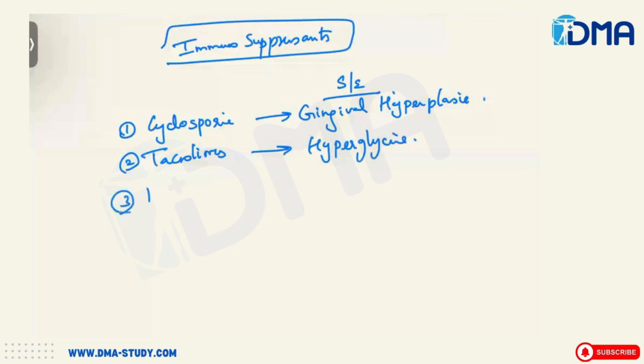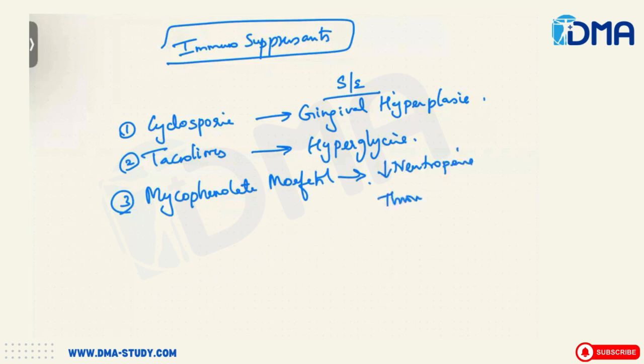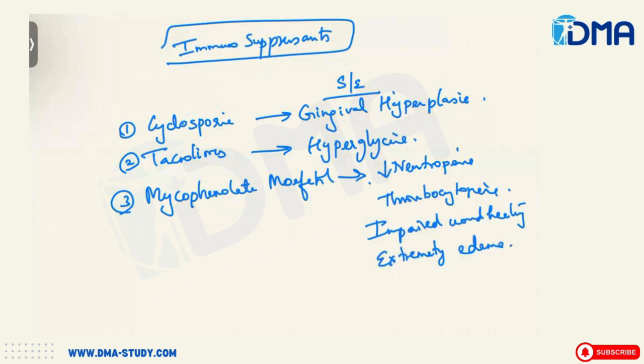Then mycophenolate mofetil. It causes a decrease in neutrophils, neutropenia. Then thrombocytopenia. These cause impaired wound healing and extremity edema.